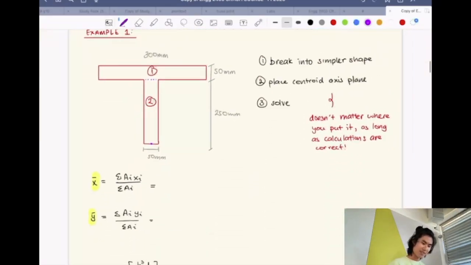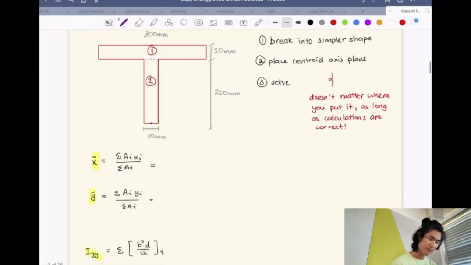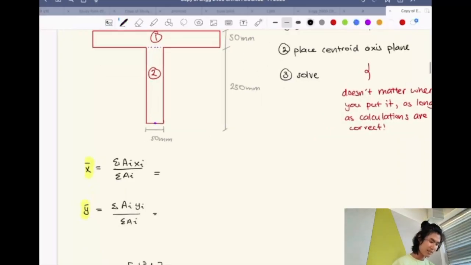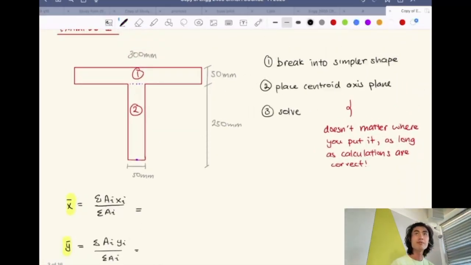Okay, so let's try and find the centroids and moment of inertias for this shape. Basically, you have shape 1 and shape 2, and let's say you have a centroidal axis.